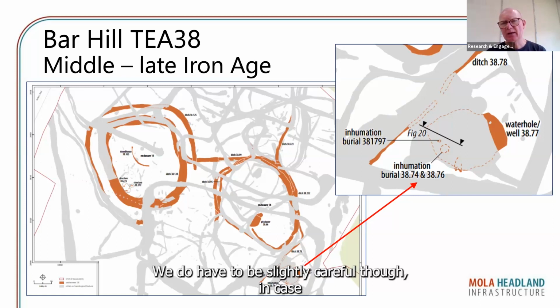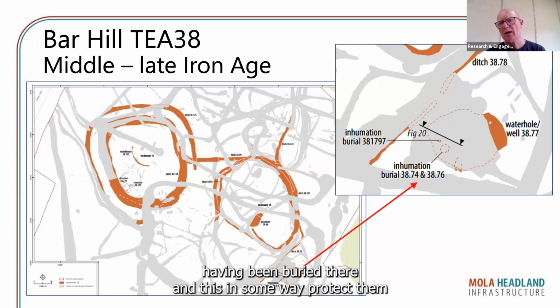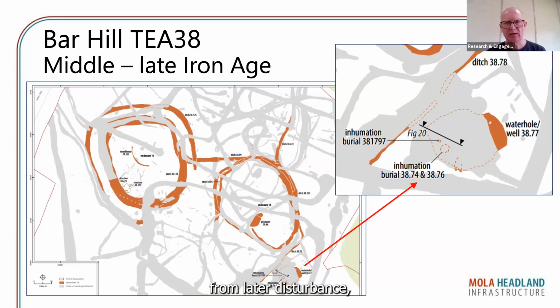We do have to be slightly careful, though, in case they slumped down into the silt, having been buried there, and this in some way protected them from later disturbance, for example, ploughing in the surrounding area. But as far as we can see, there were no other burials surrounding this waterhole. In fact, it's quite well attested in the Iron Age, a connection between watercourses and ritual activity.